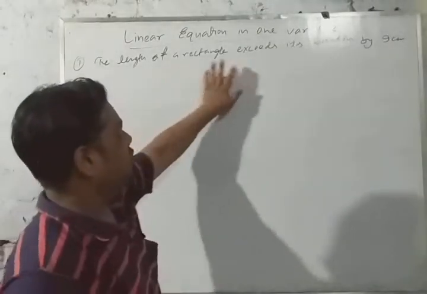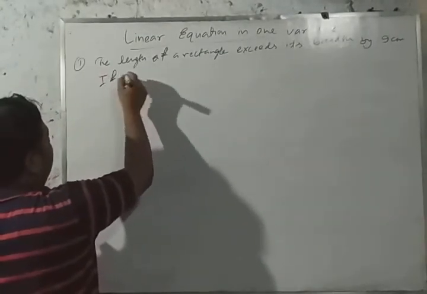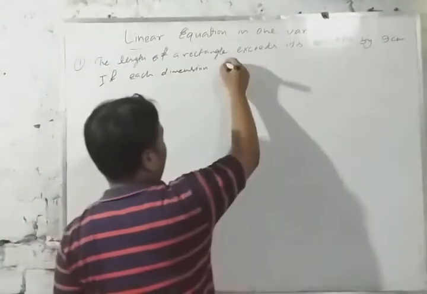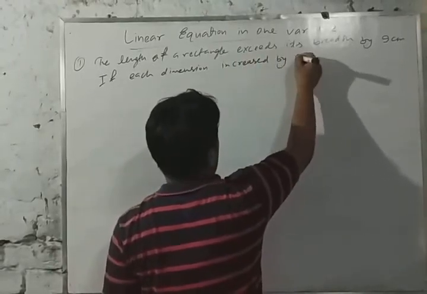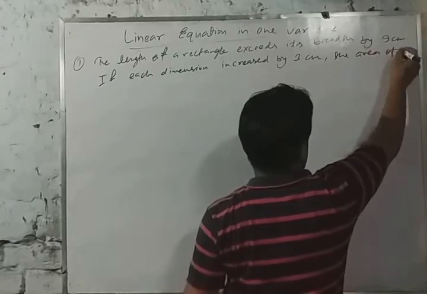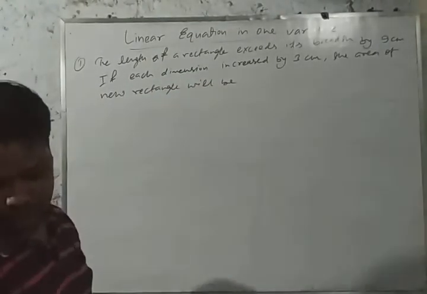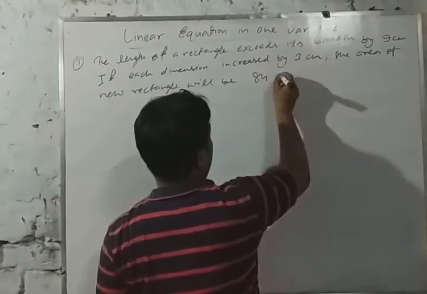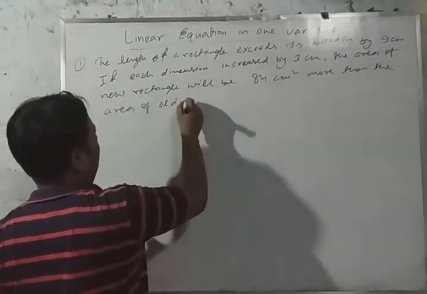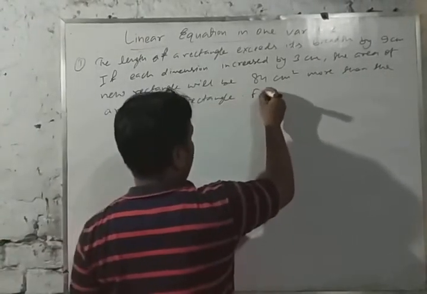Now it is a comparison between length and breadth. Now, if each dimension is increased by 3 centimeters, the area of the new rectangle will be 84 centimeter square more than the area of the old rectangle. Find the length and breadth.